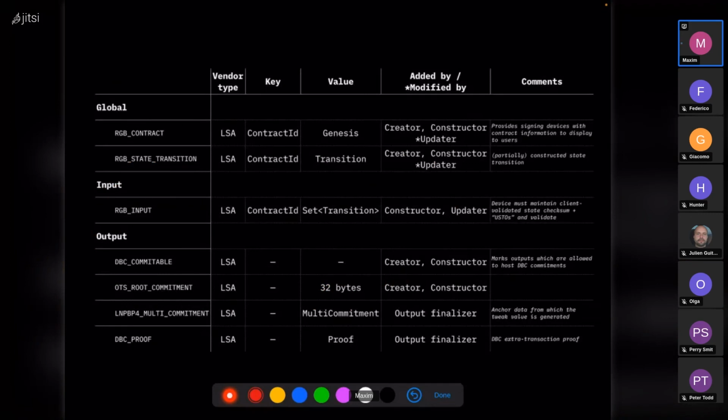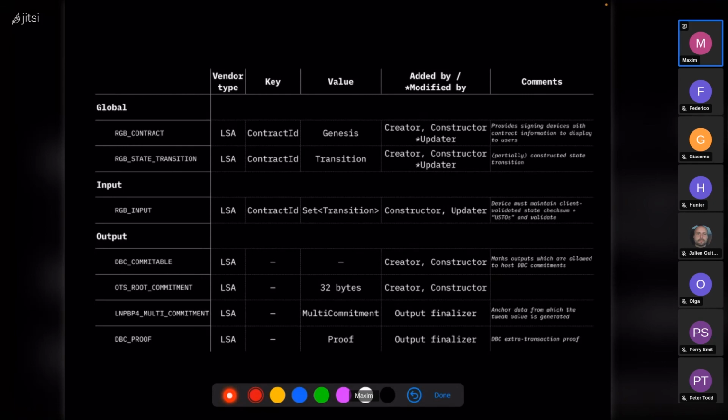And these are the fields, the keys that are added to the global, input and output maps of the PSBT with specific types, keys, values, and a definition of who adds them or who can edit these fields.